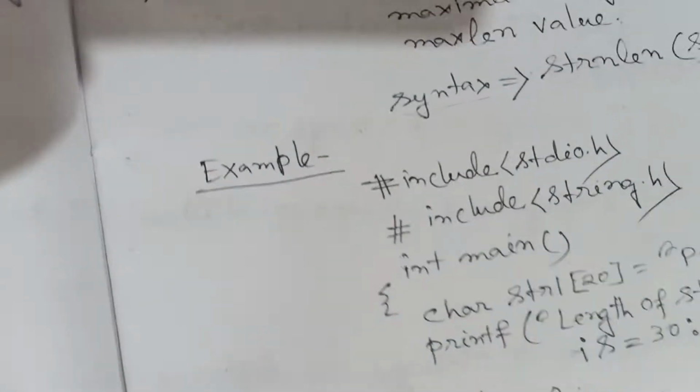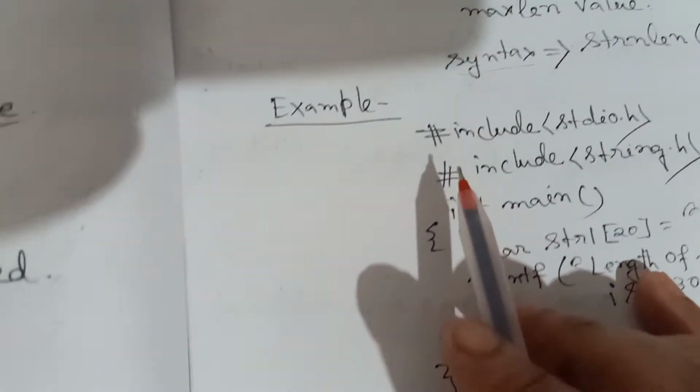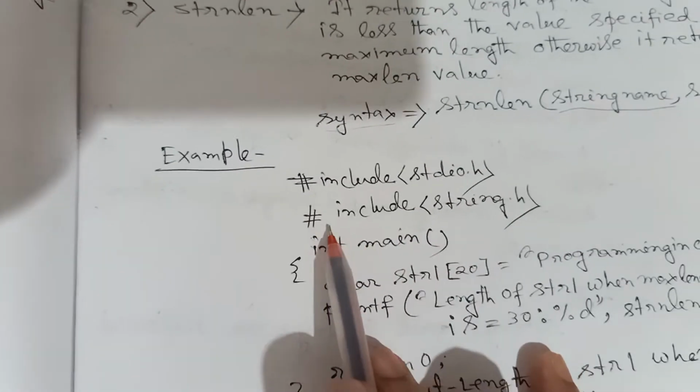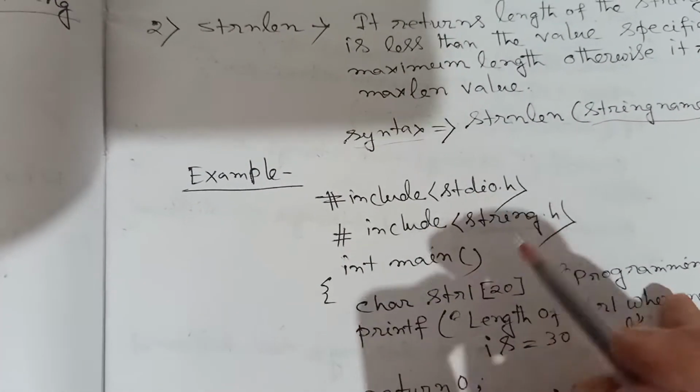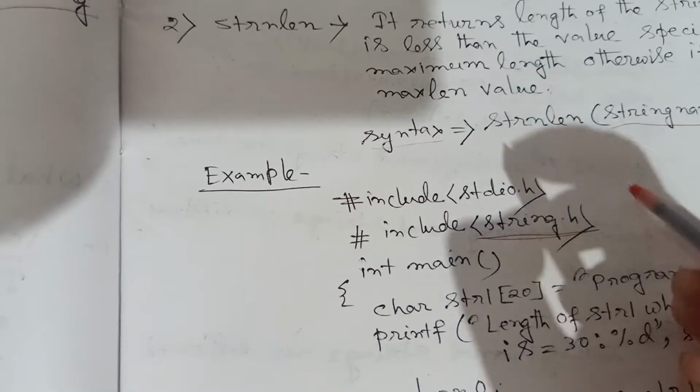So let's take an example. #include stdio.h, as we all know, then #include string.h, as we have to specify the string function.